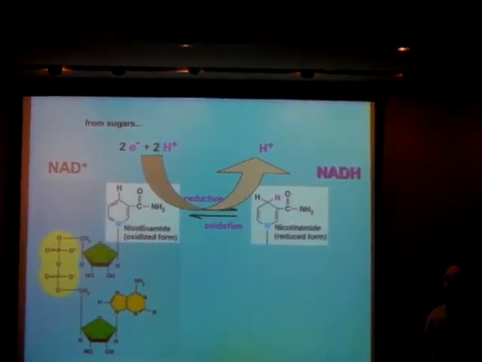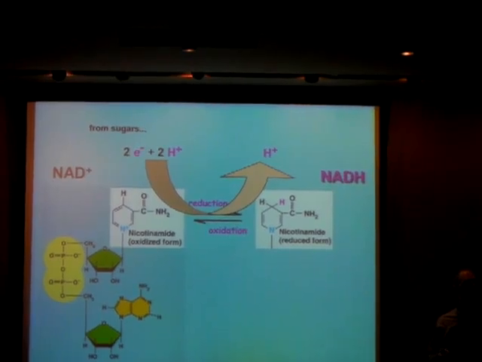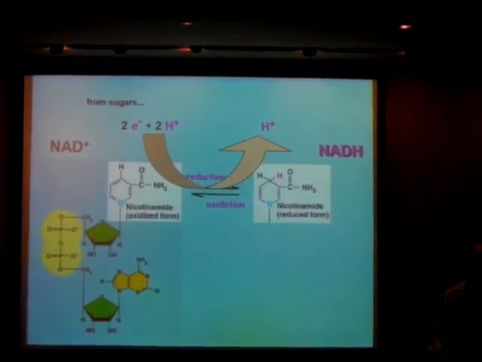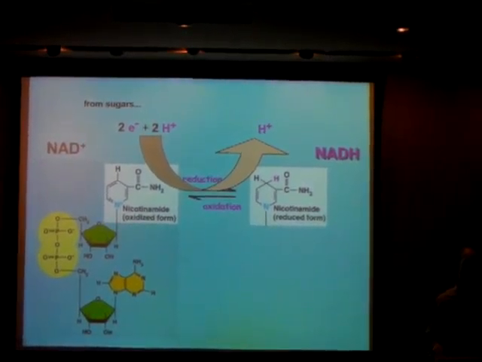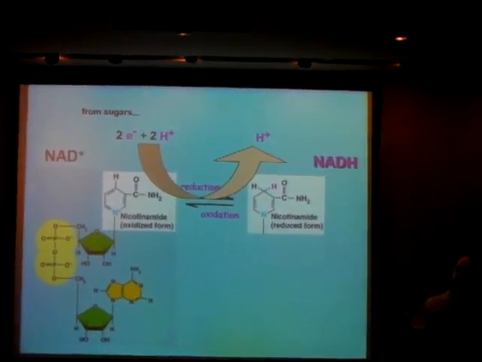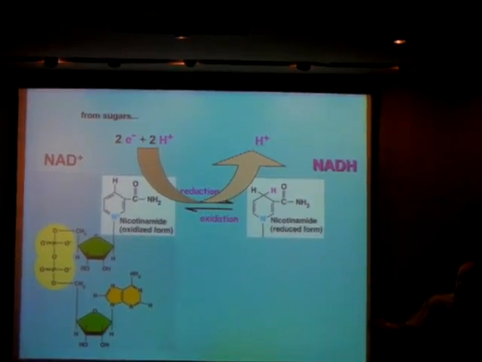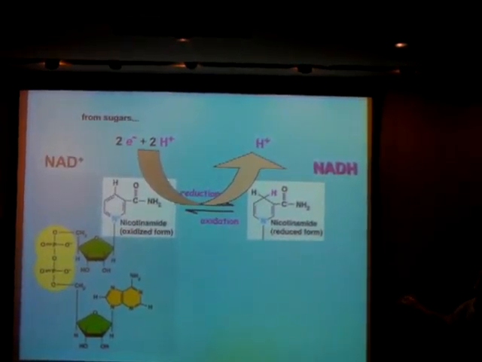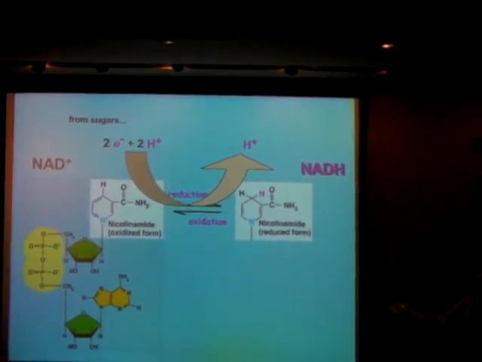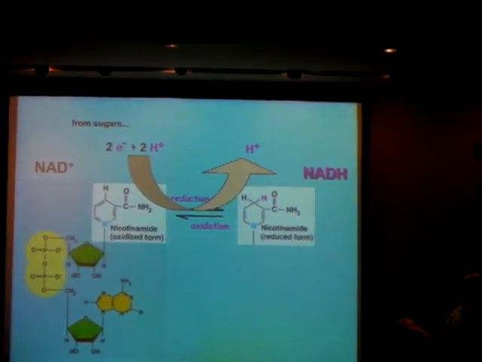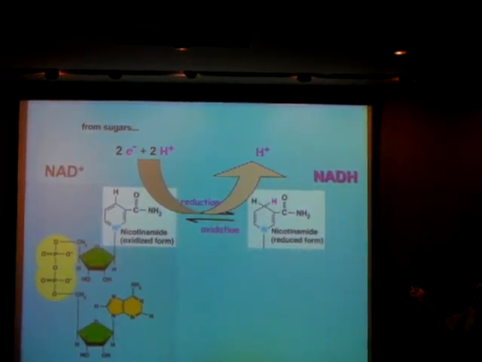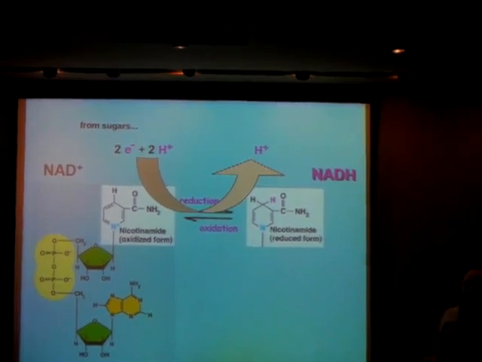So oftentimes, when you see these oxidation reduction steps, you'll see the addition of a hydrogen to one of the molecules. And that's called a reduction not necessarily because of the hydrogen itself, but because of the electrons that it's carrying. And then a release of a proton into the solution. So this is called NADH because of this addition of that hydrogen.